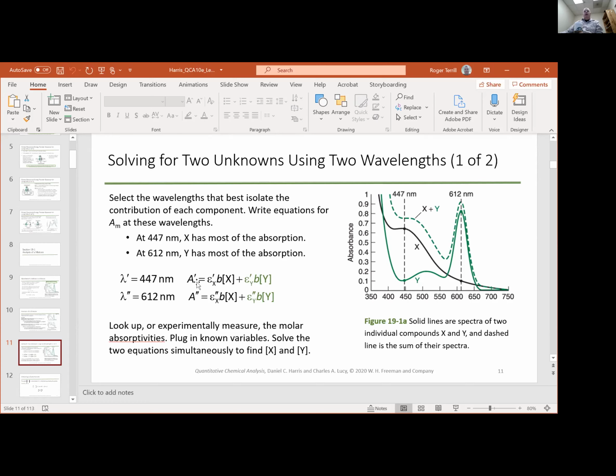So A prime is equal to epsilon X prime b X plus epsilon Y prime b Y. That's just the sum of the absorbances of X and Y at this wavelength, which will equal the total absorbance.